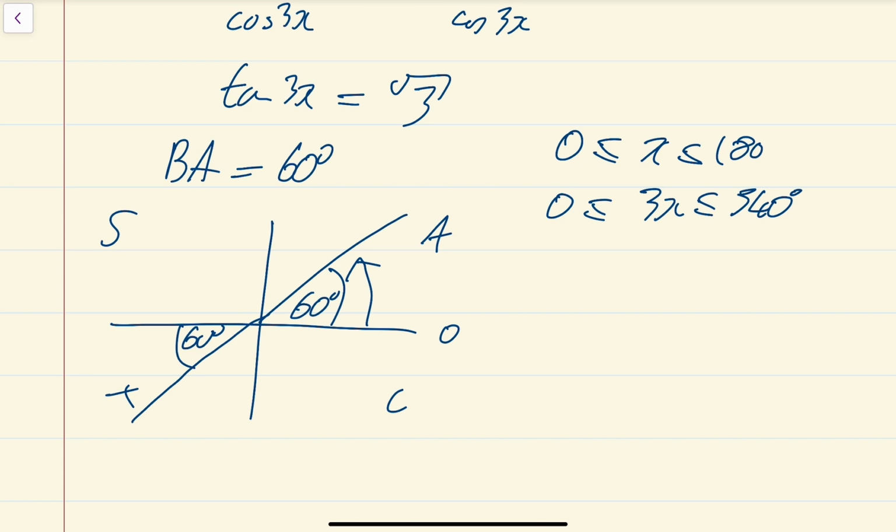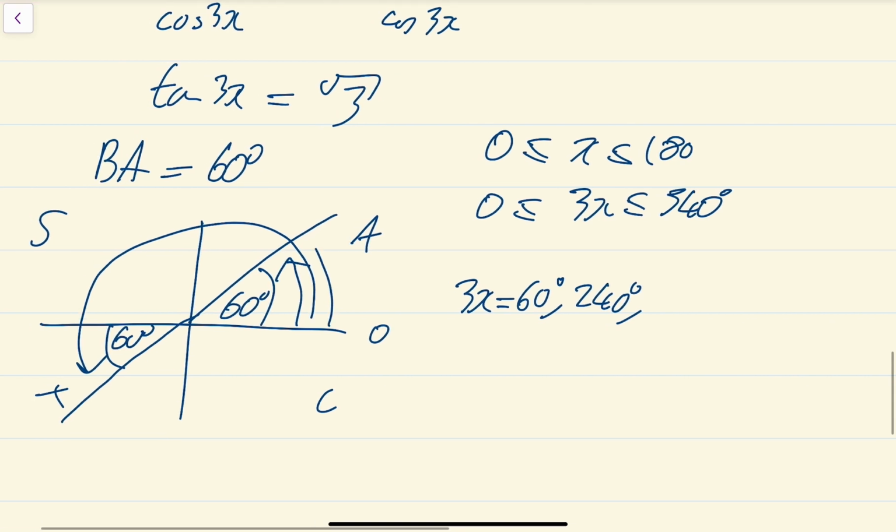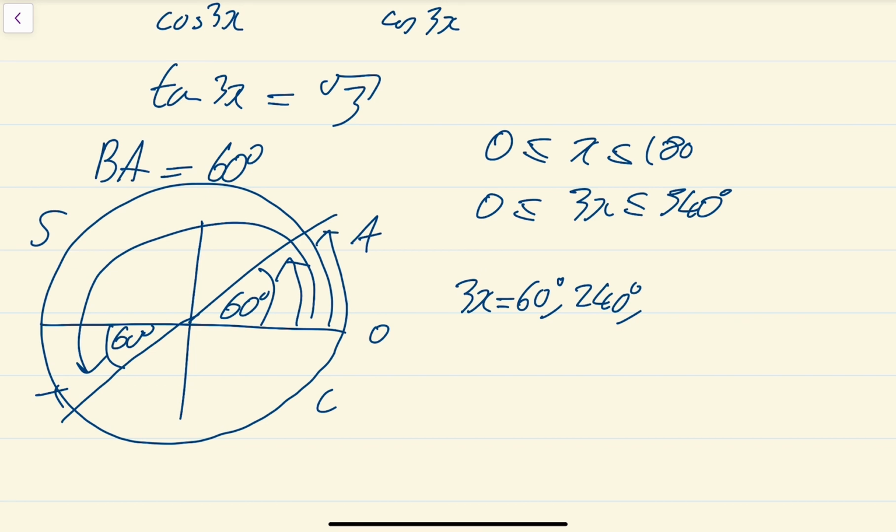So my first angle I come to, I get 3x is equal to 60. The next one, that would be 180 plus 60, 240. And then we're going to go round again, all the way around to here. So what's that going to be? That's going to be 360 plus another 60, which is going to be 420 degrees.